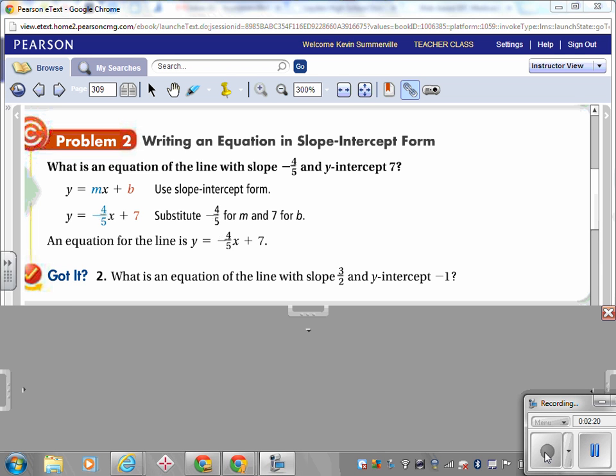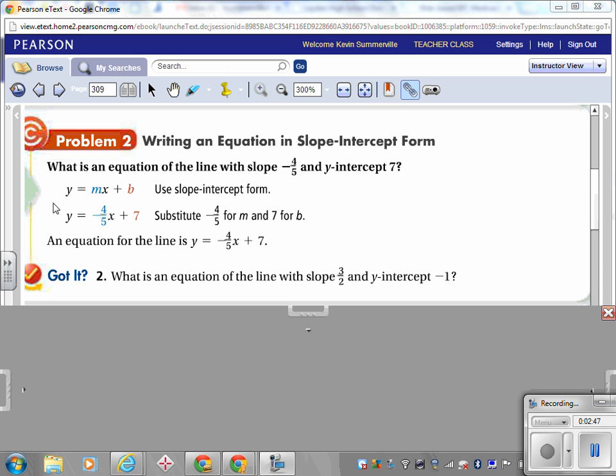Let's take a look at problem 2, writing an equation in slope-intercept form. If I'm given the slope of negative 4 over 5 and the y-intercept of 7, I need to change it into this equation right here. y equals negative 4 over 5x plus 7. How did I get that answer?